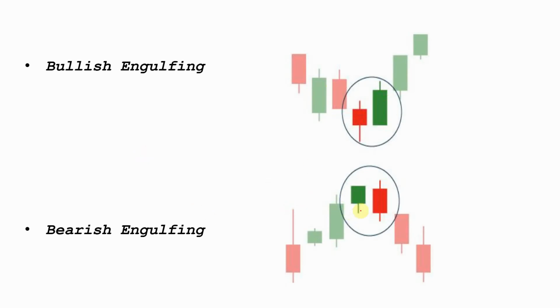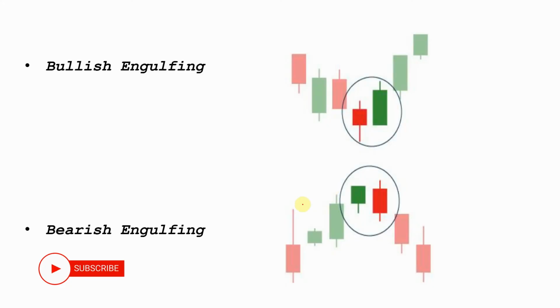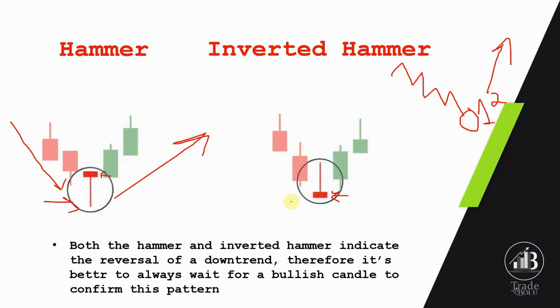So a little to-do task here, or things to practice. Pause this video right now and try to identify 2 of these patterns each on your MT4. Take the bullish and bearish engulfing, the shooting star, the hammer and inverted hammer, and the spinning tops.